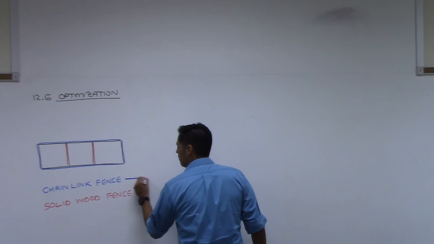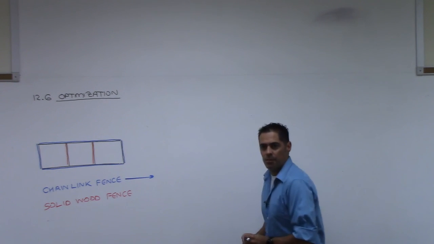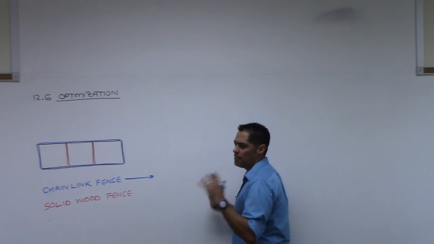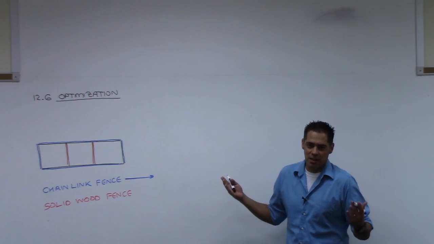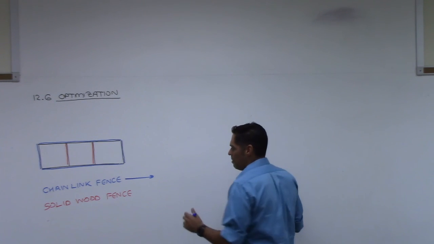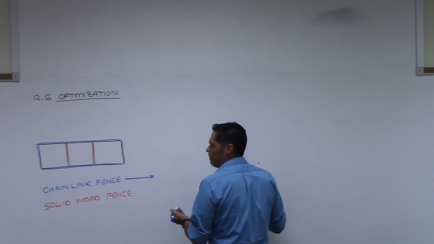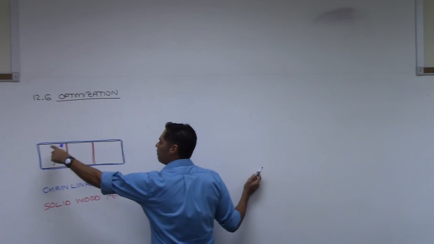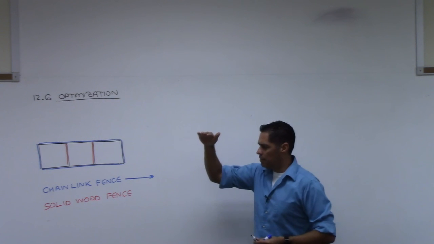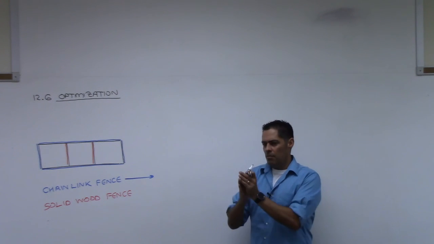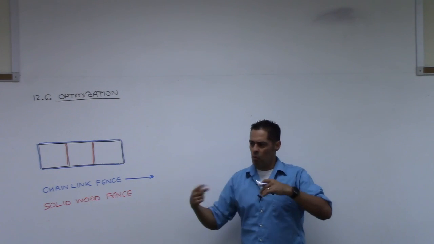Chain link fence at my local hardware supplier costs me, and I'm totally making these numbers up because I don't buy chain link fence on a regular basis. What would you say? How much per linear foot? Let's say these are 6 foot fences. They charge by the linear foot because they're in rolls. About $10?